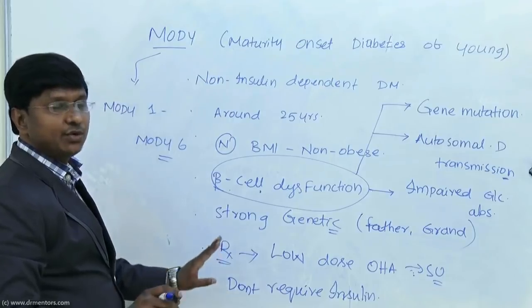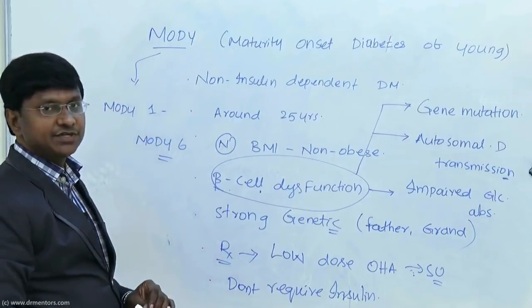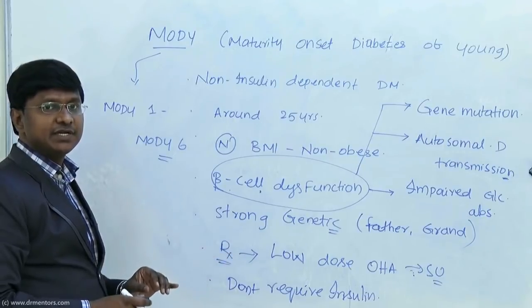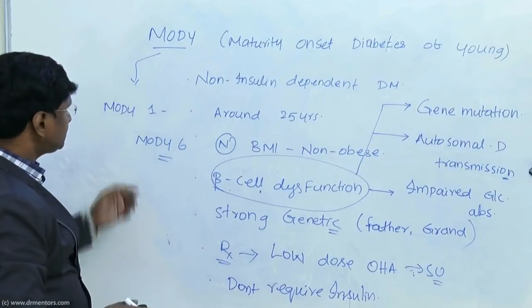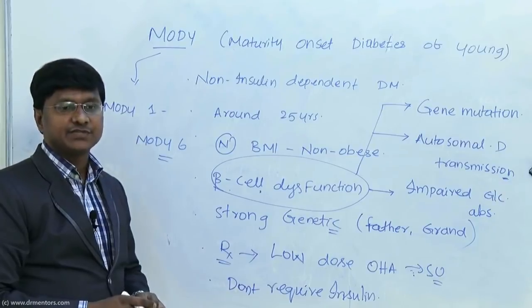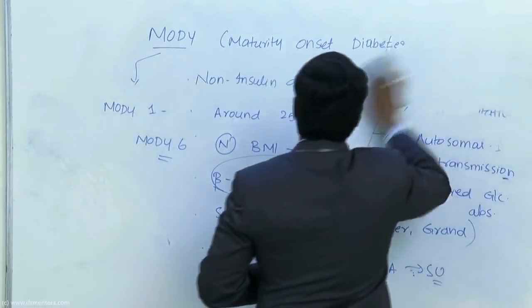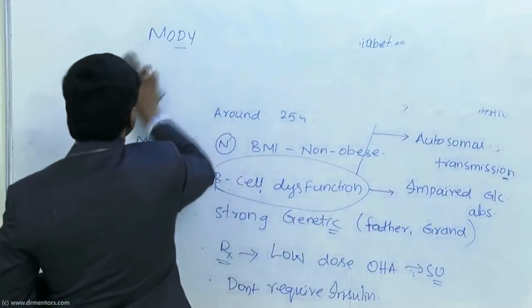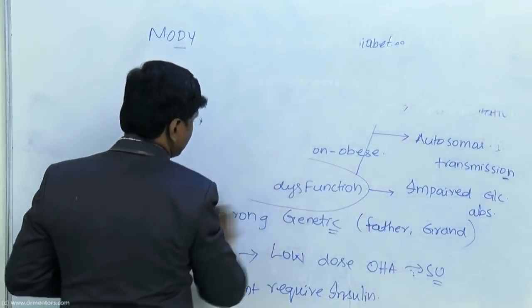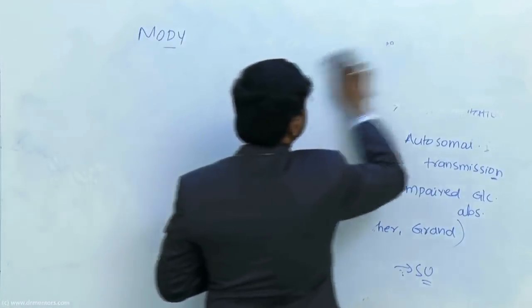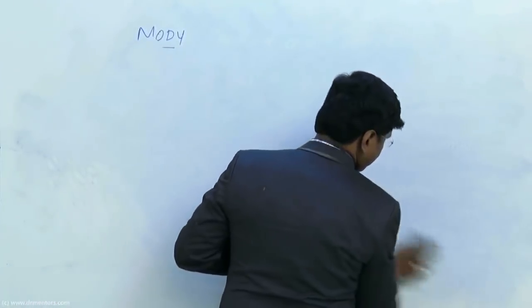These patients don't require insulin as a part of the treatment. MODY is of various forms, that is MODY 1 to MODY 6. Now, let me discuss what are the gene mutations in these patients with MODY.